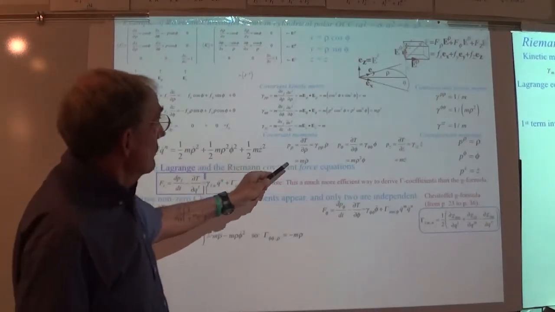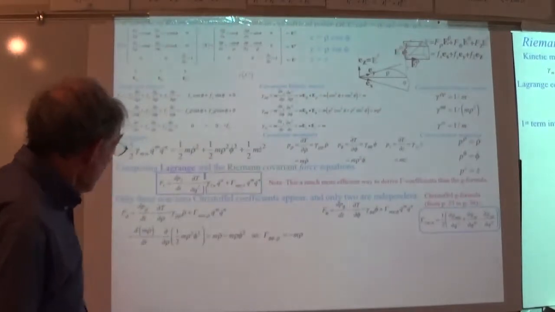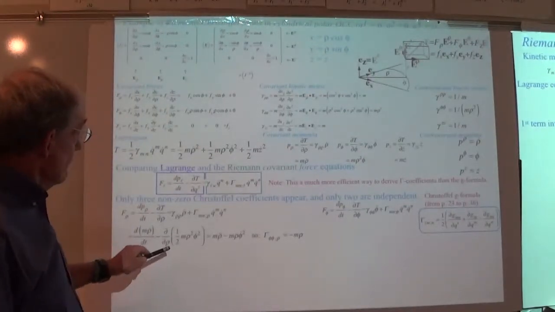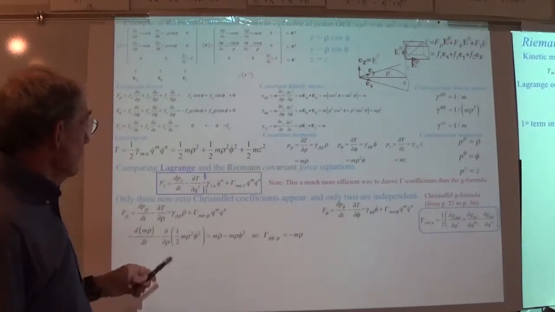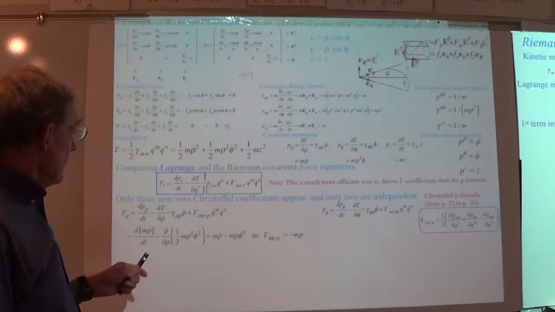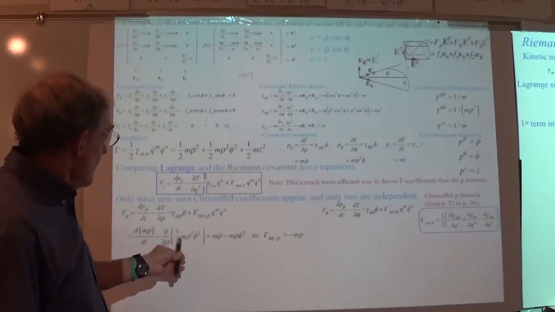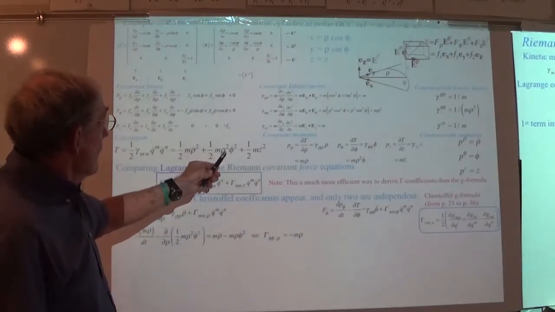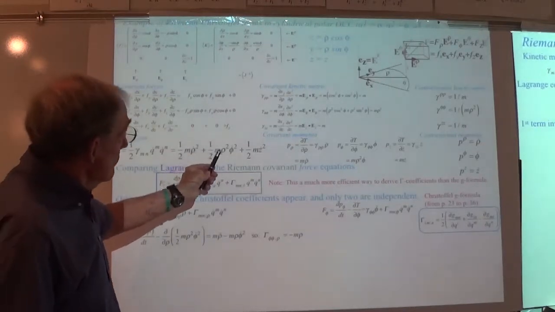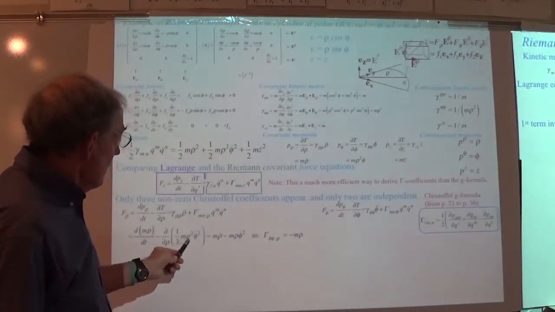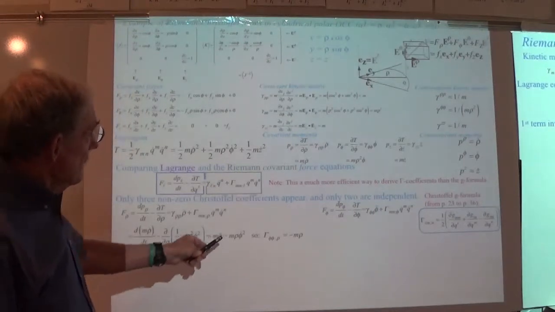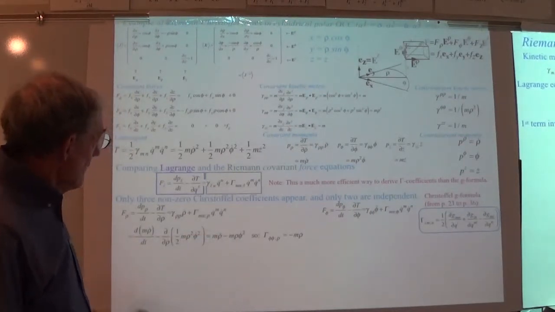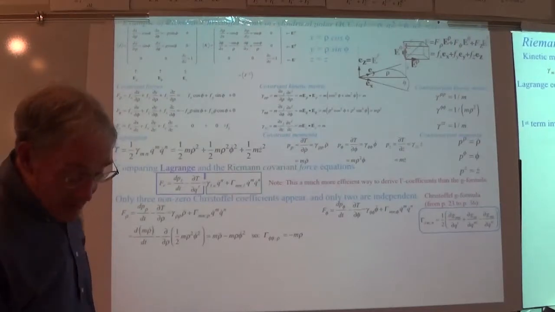Okay, so I've got to do the time derivative of that thing right there, and then I've got to subtract a partial derivative with respect to rho of the kinetic thing, and the only thing that has a rho in it that we have here, this guy, this doesn't have a rho, it just has a rho dot. This guy gives me that, okay, and we're done with that part right there.